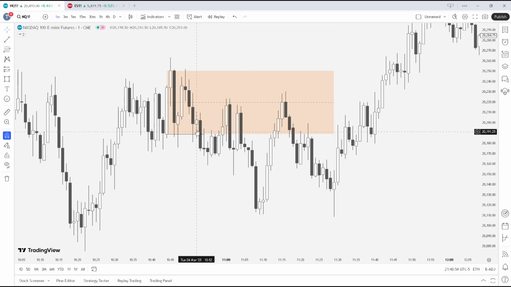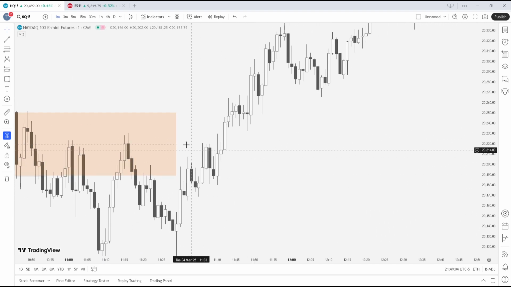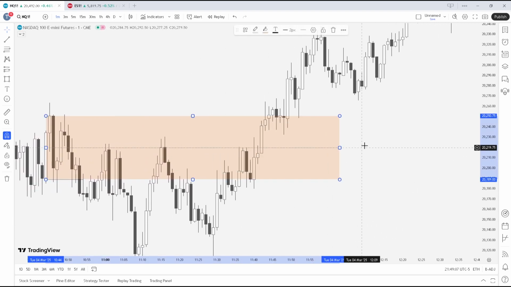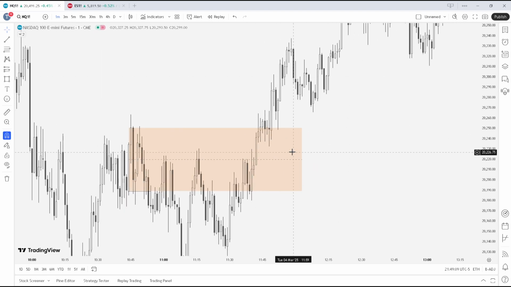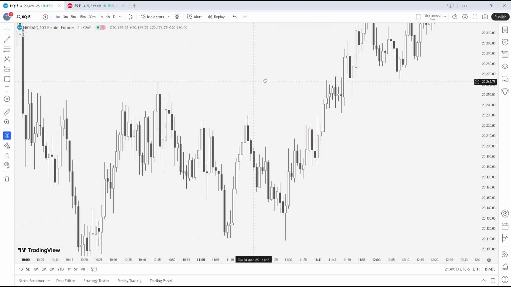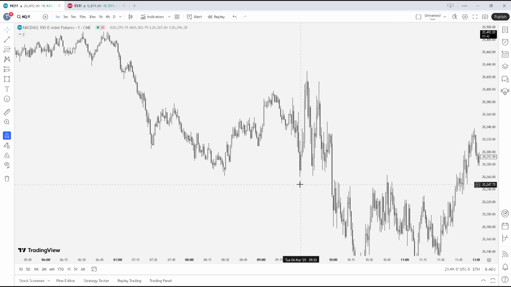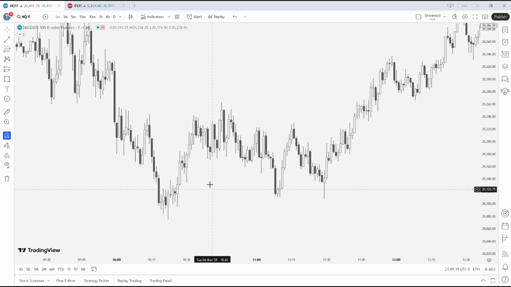So that becomes the order block once this closes, and then we come back into it, tap into it, reject, tap into it, reject, and then we just go higher because we are bullish on the higher time frame. There is more reason to be bullish than bearish because of all the sell side liquidity that we just swept.